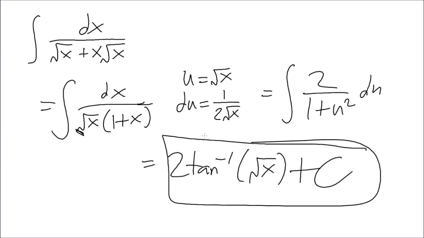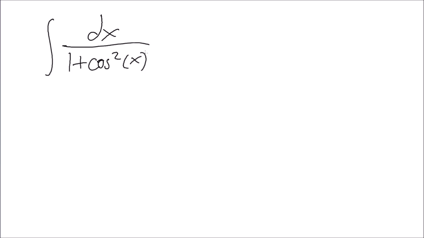Alright, very simple. Ooh, 1 plus cosine square. If that was a minus, then this would have been super easy, but it's a 1 plus cosine square. And there's no trig identity for that. So, what are we going to do? Huh. Interesting.